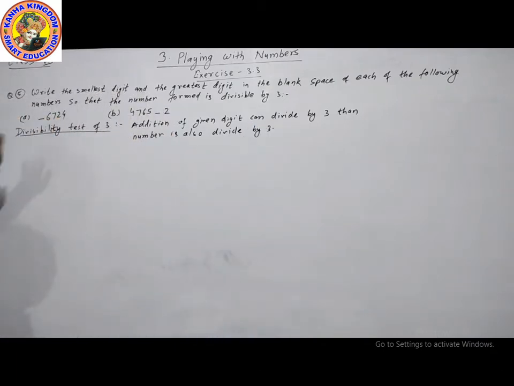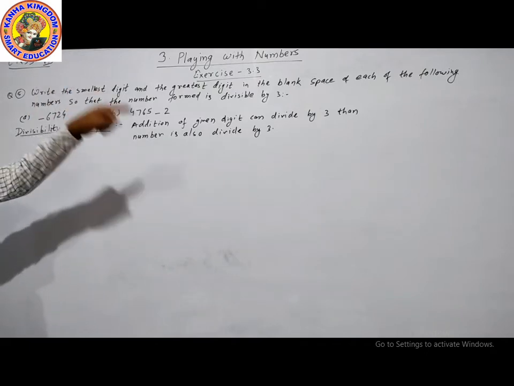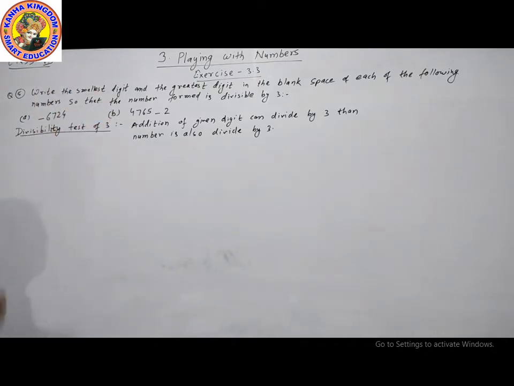We will add these digits, and by this addition we get a number. Question says that this number is already divisible by 3.